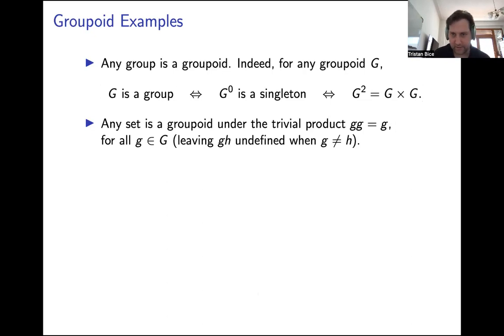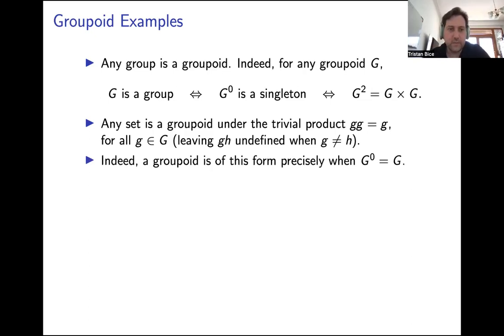So this is the key point where you diverge from groups, right? You can't turn any set into a group, at least not in any kind of canonical way, but you can turn any set into a groupoid in a very canonical but somehow trivial kind of way. But this is important. This will be an important class of groupoids, particularly when you want to see commutative C-star algebras as groupoid C-star algebras.